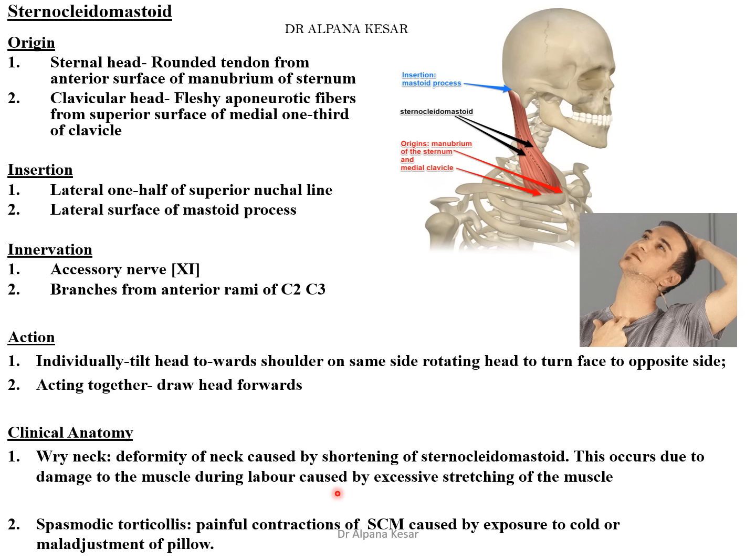This is caused by excessive stretching of the muscle fibers that results in damage to the muscle. Spasmodic torticollis is painful contraction of sternocleidomastoid muscle caused by exposure to cold or maladjustment of the pillow.